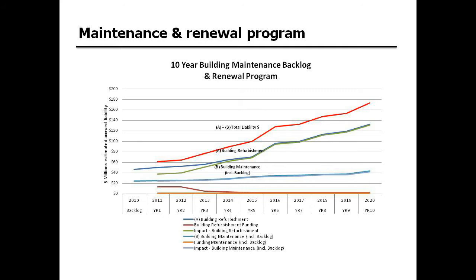So 2011, we've got a total liability, which includes the backlog and refurbishment of building space. With the life cycle data, we can start plotting that out year by year. So if we do nothing and remain the same and don't increase the funding to meet that liability or total backlog, we can see the graph continually climbing, getting worse, getting higher.